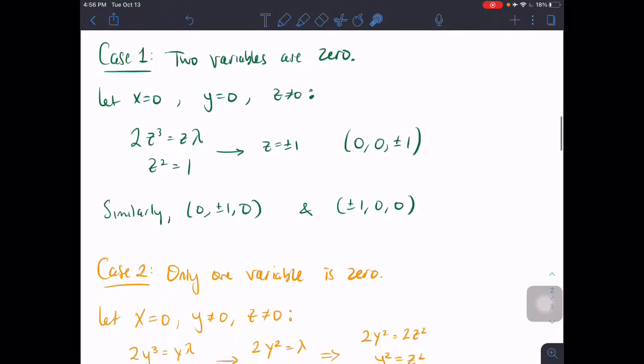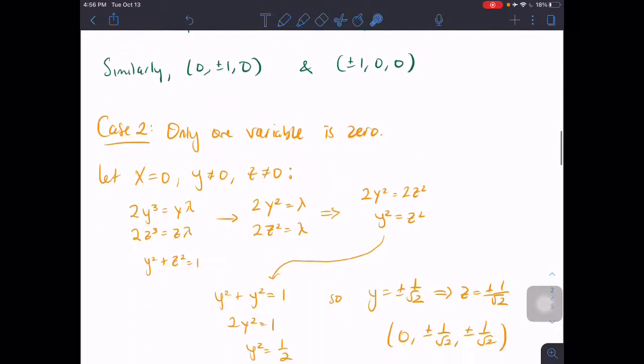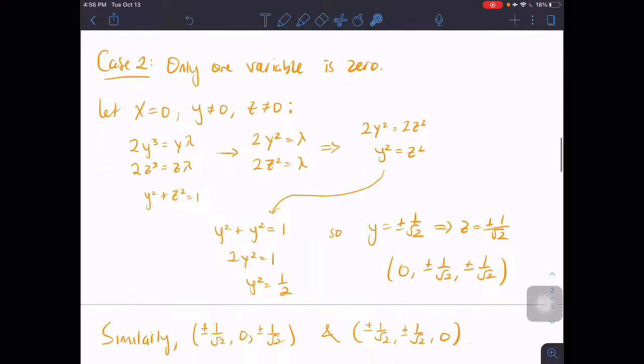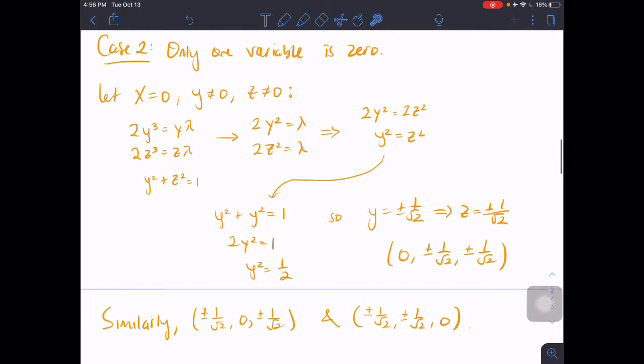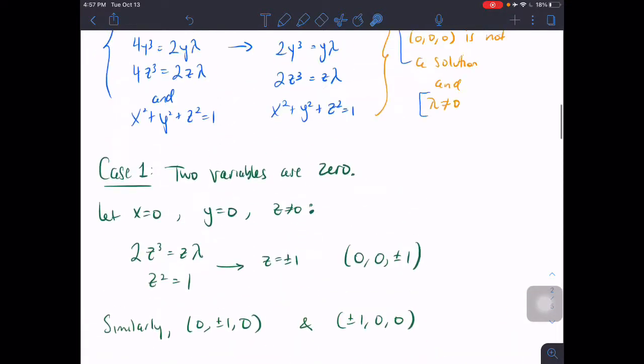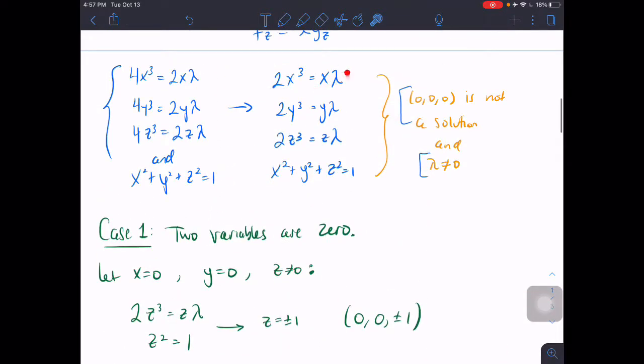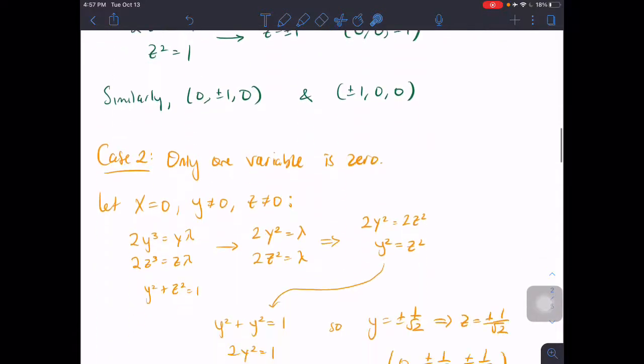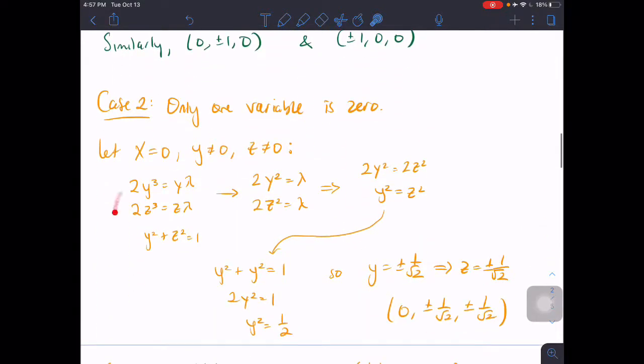What if we have the case where only one of the variables is 0? Let's pick one and see what happens. So if x is 0 and y is not 0 and z is not 0, then this equation will vanish and the x will vanish. And then we'll end up with this equation, and then just y squared plus z squared equals 1, which is what I wrote right here.